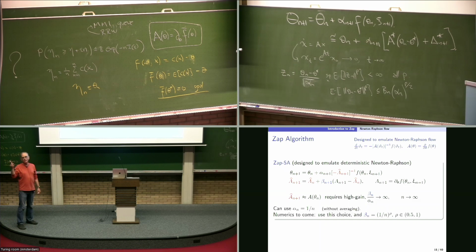Now, here's the one case we'll allow you to use 1 over n, because as it turns out, with 1 over n over here, this looks very much like Rupert's original algorithm, where he didn't do this, he just shoved in A star inverse, the linearization at theta star.